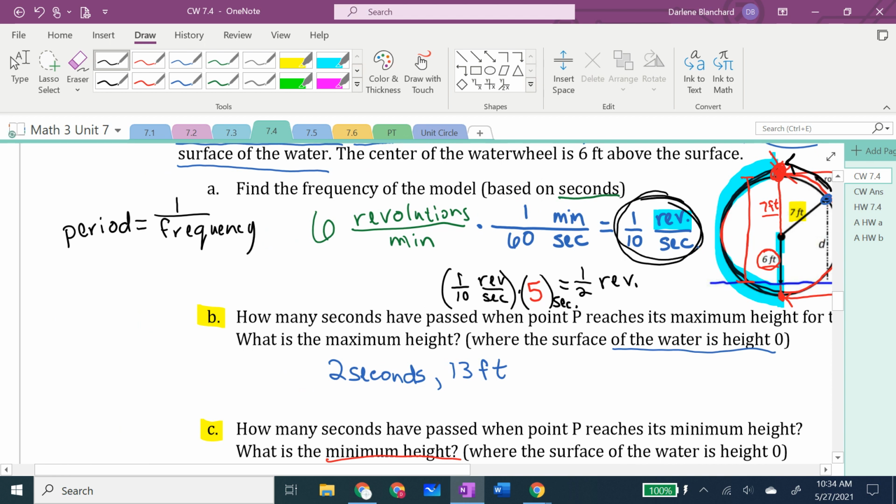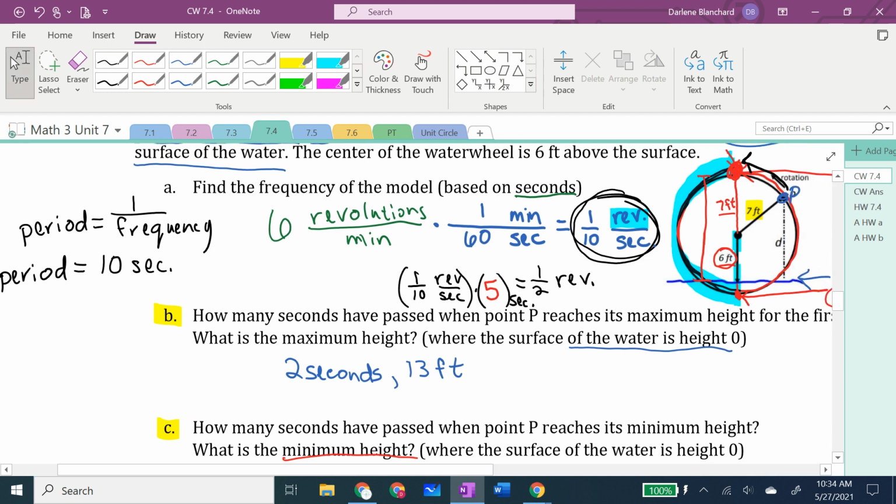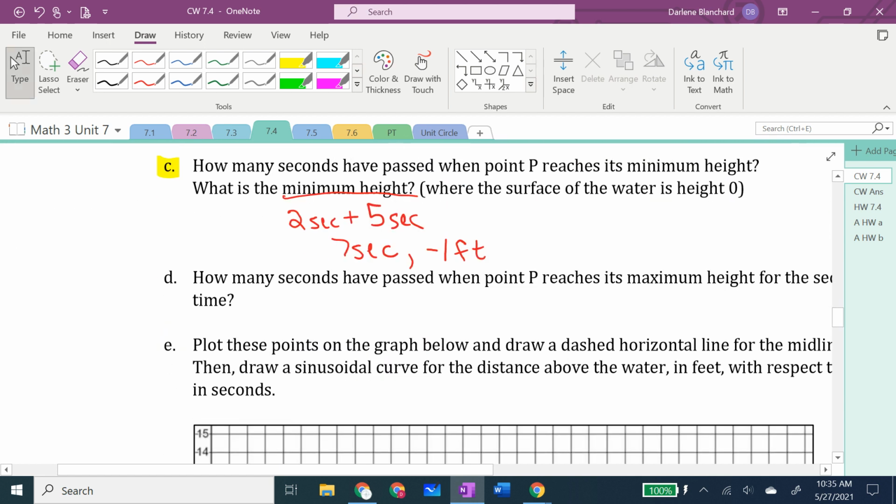If I reciprocate this, that is telling me that my period is equal to 10 seconds. That means it's going to take me 10 seconds to do a full round. So if it takes me 2 seconds to get to that highest point at the beginning, I need to add 10 seconds to that to see when I'm at that highest point again. So that's going to be 12 seconds.